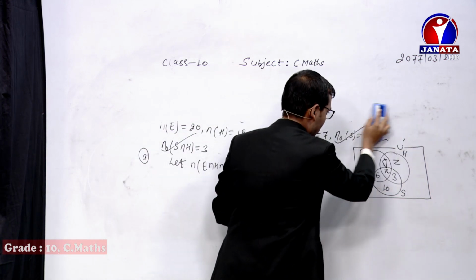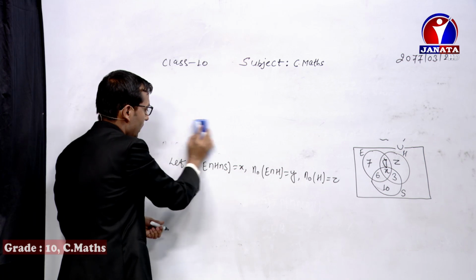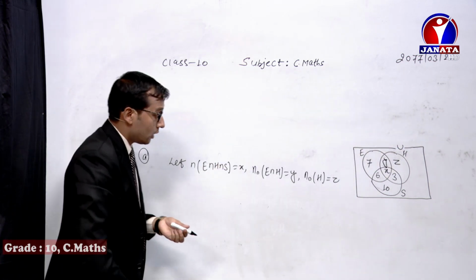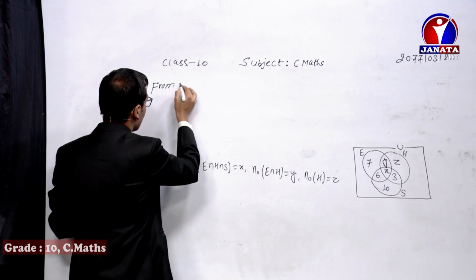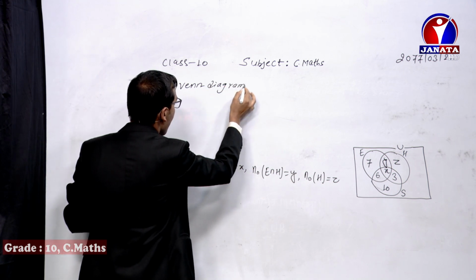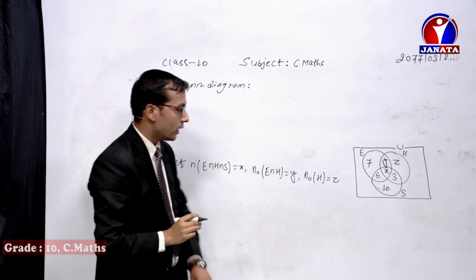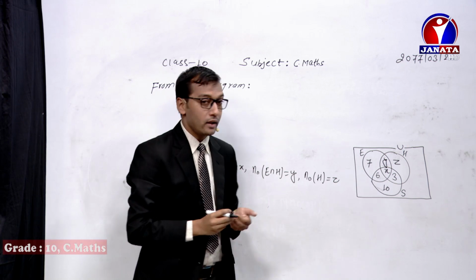We have already inserted all the information in a Venn diagram. Now let me explain, from the Venn diagram, how we find X, Y and Z.